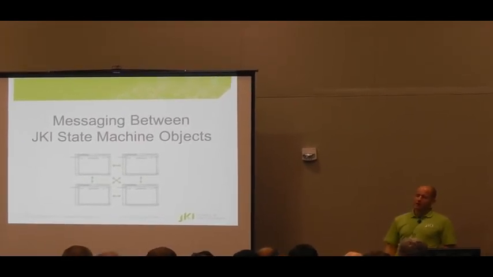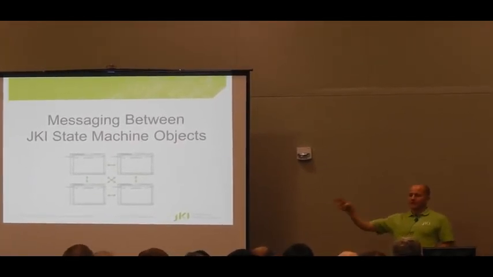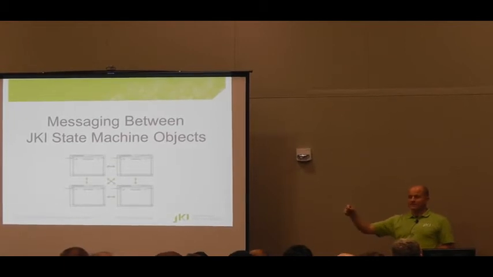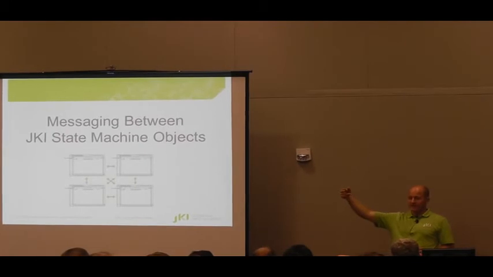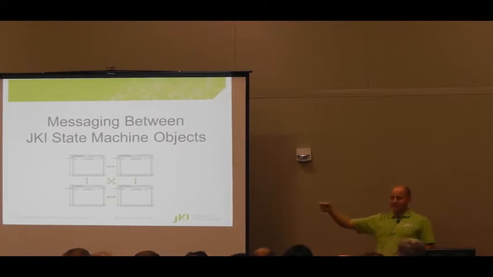Who creates the class? Well, the programmatic scripting API created an empty class. It made it inherit from JKI state machine object, and then it checked to see if it had the private data feature, meaning it had data by reference, and it did not yet, and so it called the function add private data, and it scripted the feature of adding private data plus the constructor and destructor.